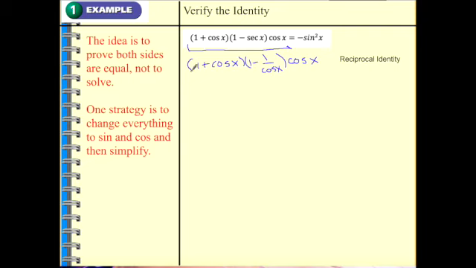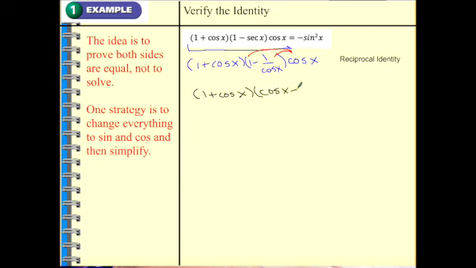At this point, there is a lot of multiplication happening here. I'm going to go ahead and use the distributive property. So I'm going to multiply the cosine of x that's here to 1 divided by the cosine of x and also to this one right here. So I've got, haven't messed with this one yet, so that is the quantity 1 plus the cosine of x, haven't distributed that yet, times, if I multiply the cosine of x times 1, I get the cosine of x, minus.